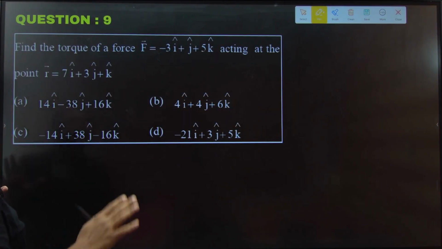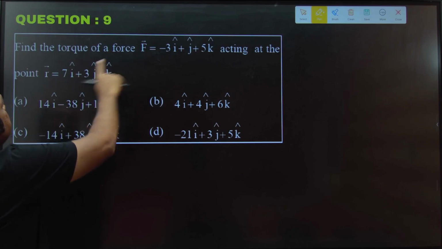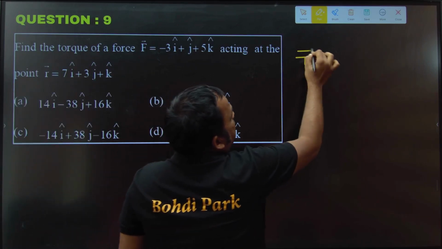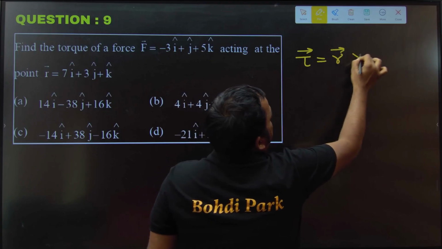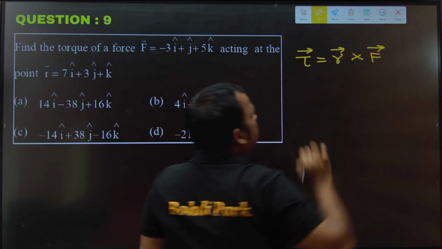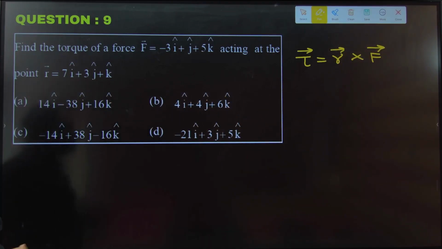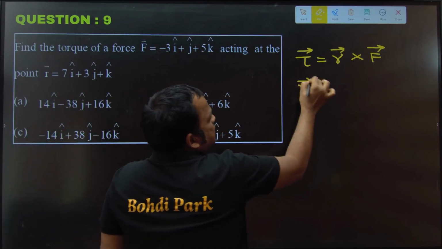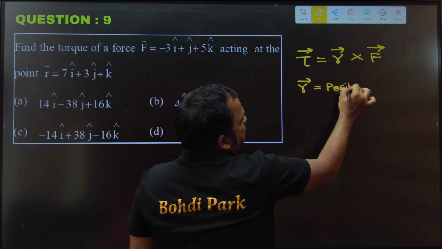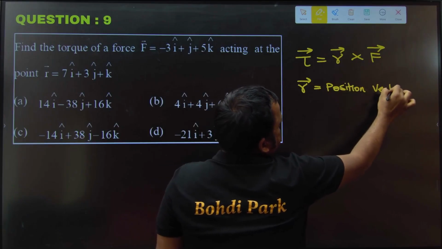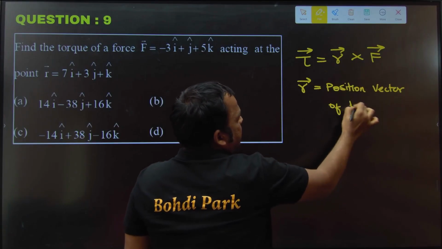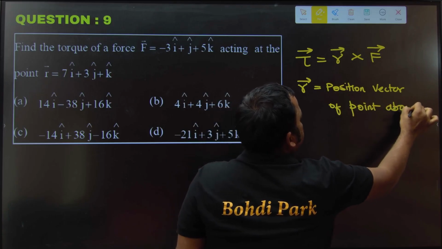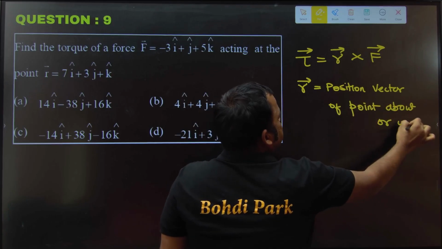How to calculate torque when force is given and the position vector of a point is given? The torque is R cross F, where R vector is the position vector of the point with respect to the origin.